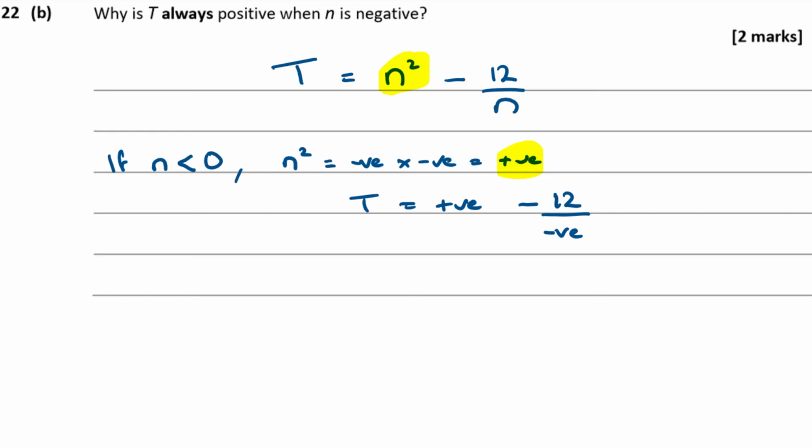So we've got a positive value and we're subtracting a negative fraction. Well, taking away a negative thing is the same thing as adding a positive. So this is the same thing as a positive value plus 12 over a positive value. Therefore, t is always positive.